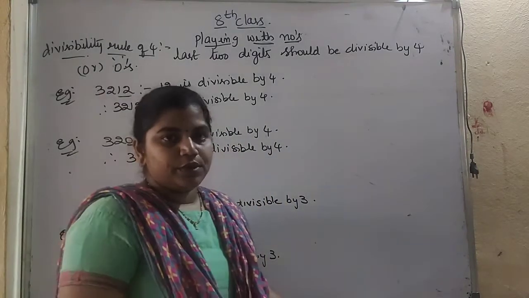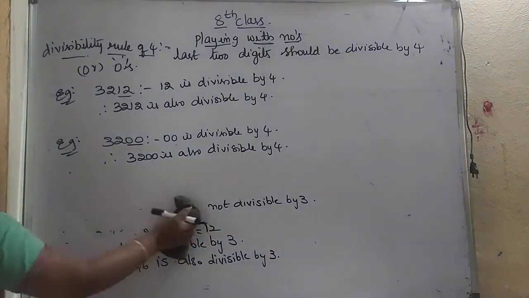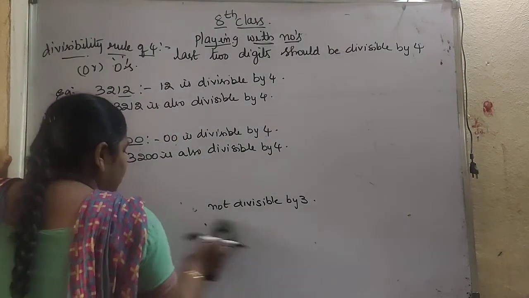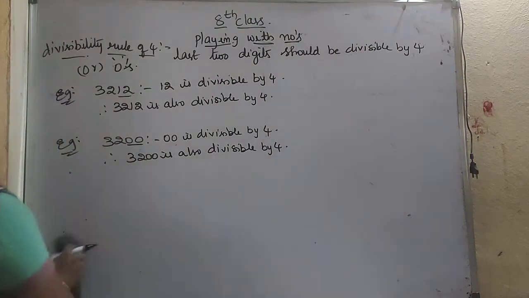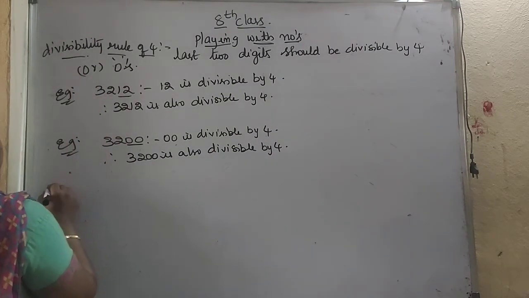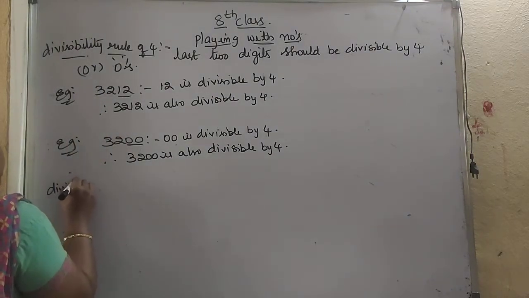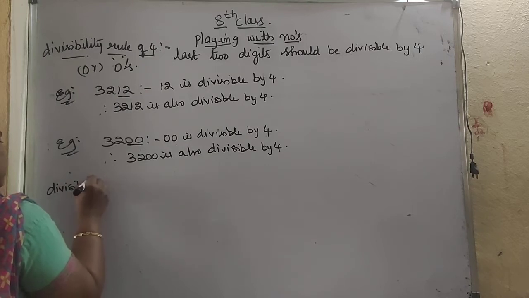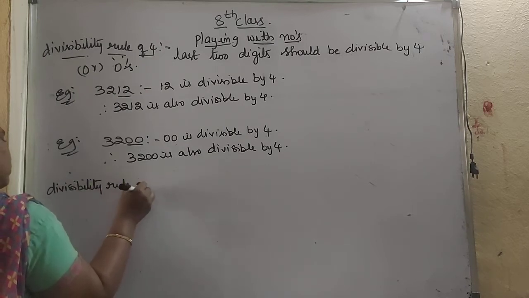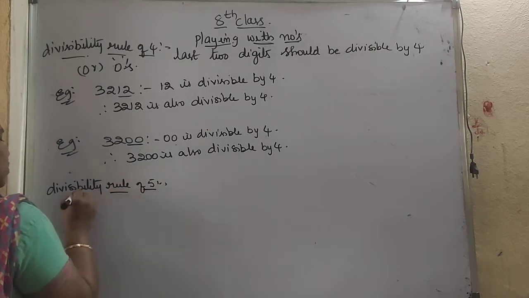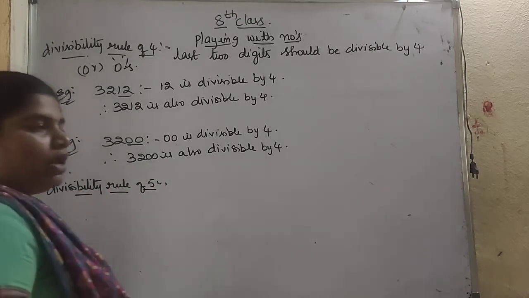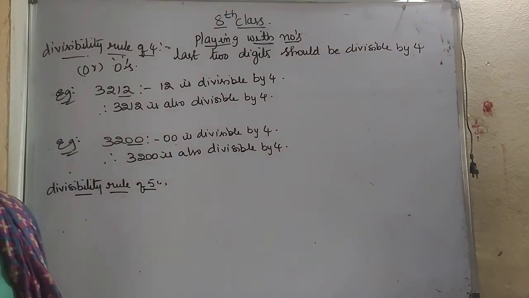Next is the divisibility rule of 5. Do you know what the divisibility rule of 5 is? Very easy. The last digit should be 0 or 5.